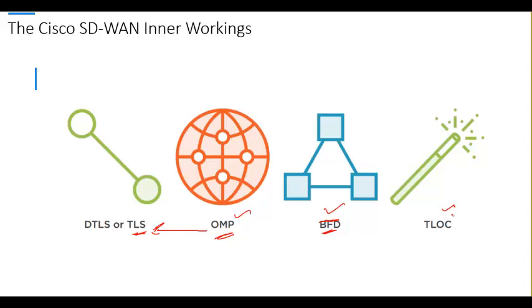Secondly, what we need to understand when we talk about TLOC is TLOC uses the overlay IPsec tunnel endpoints within this SD-WAN fabric. At the same time, it is the same TLOC which is providing you the abstraction layer of the underlay transport link.